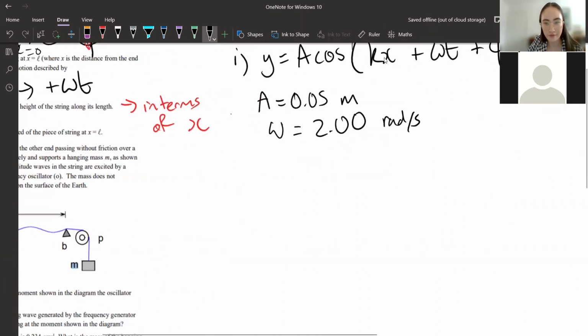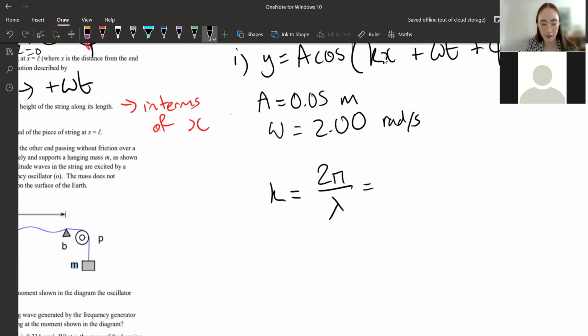K, our wave number, is given by a typical formula. That's 2 pi on lambda, the wavelength. Alternatively, we can figure out what that's going to be in terms of the angular frequency and the speed of the wave. So let's say we said 2 pi f on lambda f, so we just times it by f on f.